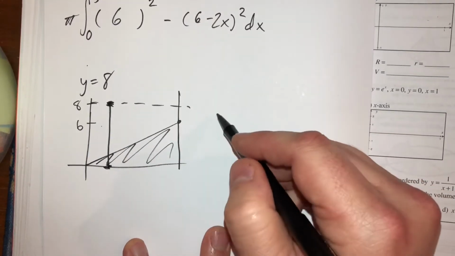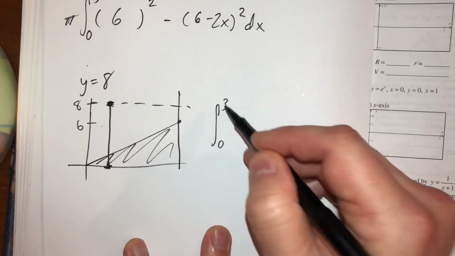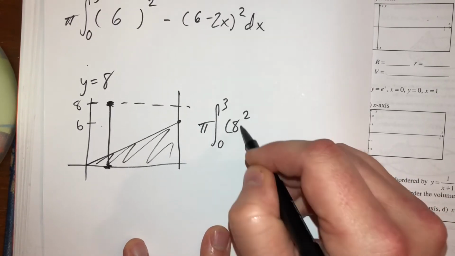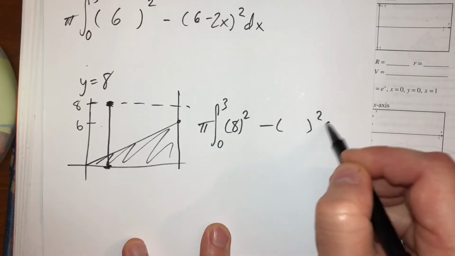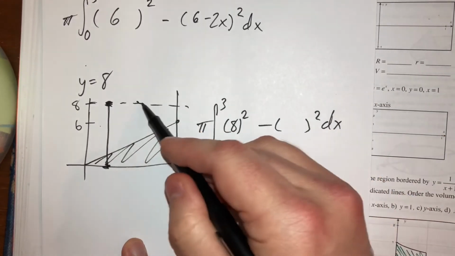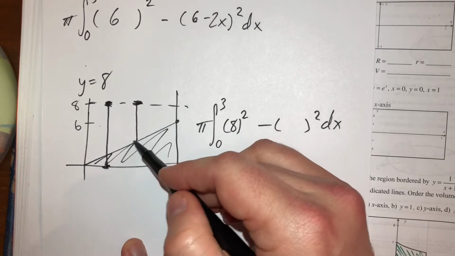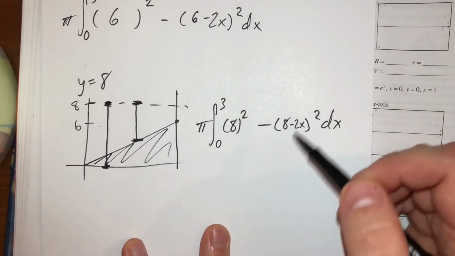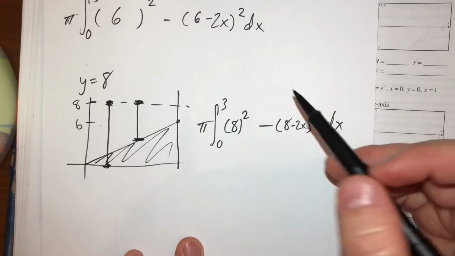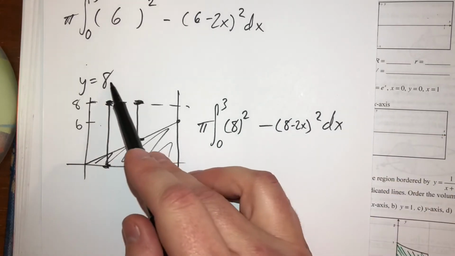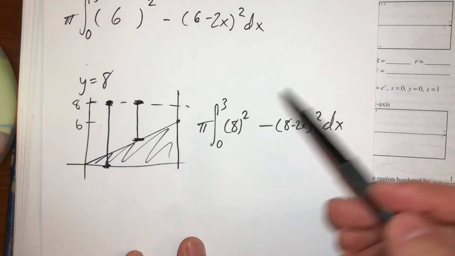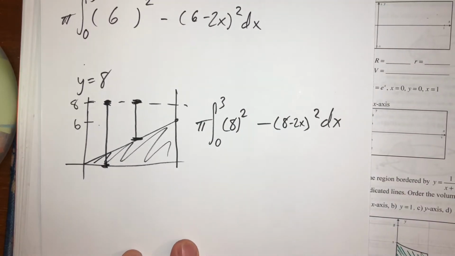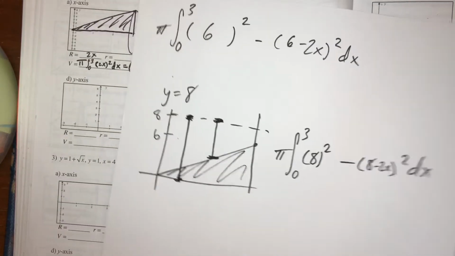So one of our radii is 8. We're still going from 0 to 3 on the x-axis. The other one is going to be, well, our axis is 8 down to our line, which is 2x. It's not terribly different. I'm going to be able to set it up the same way, just our line goes there. And that's just for this scenario. It's not going to be for every scenario.